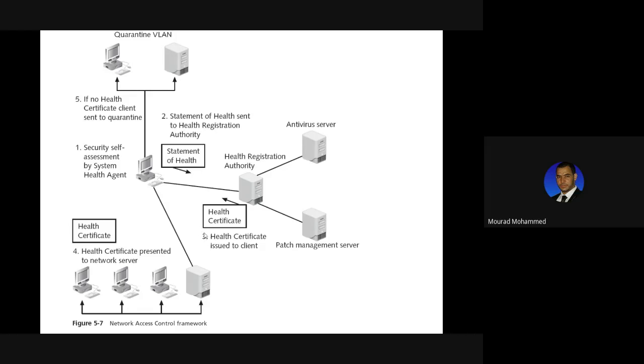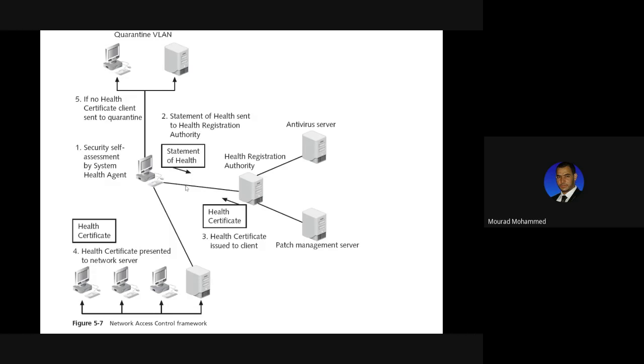Step number three: the health certificate has to be generated from the mechanism, from the scenario, and this health certificate would be matched with the health certificate sent along with the request. If matched, and there is no issue, the destination will be reached.